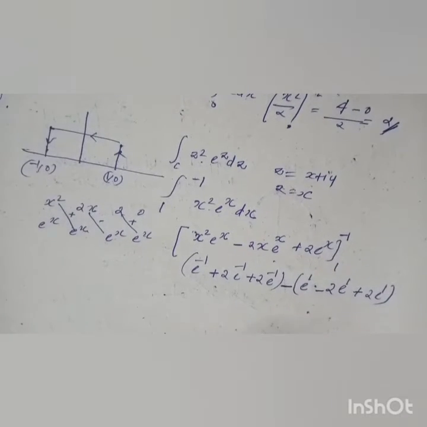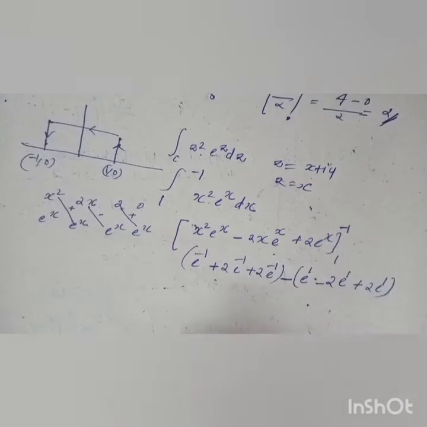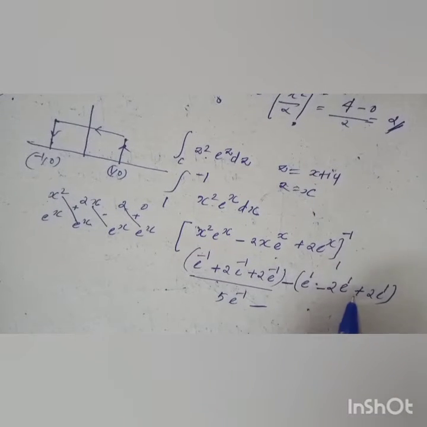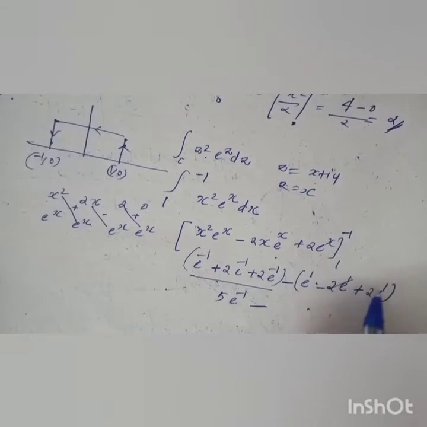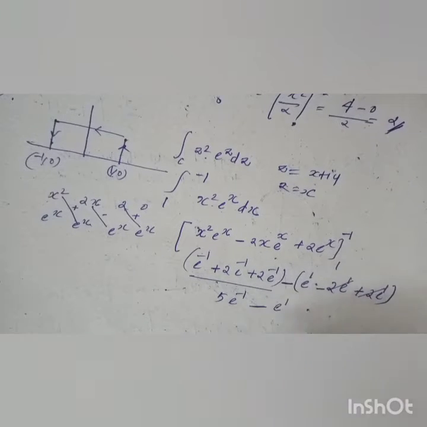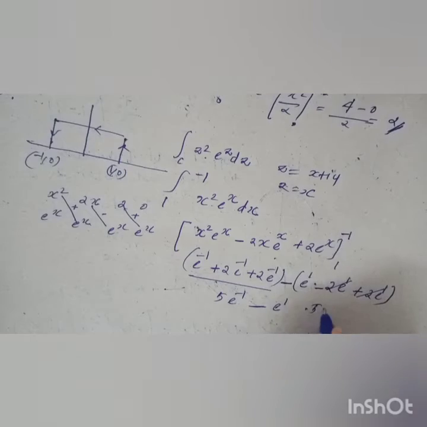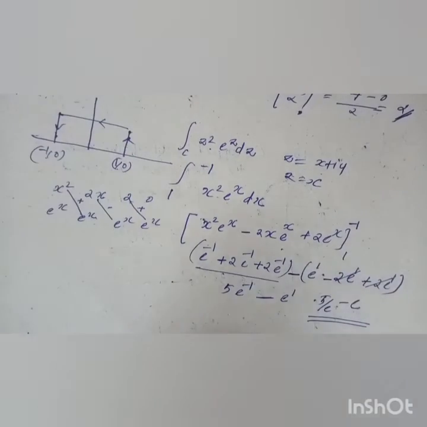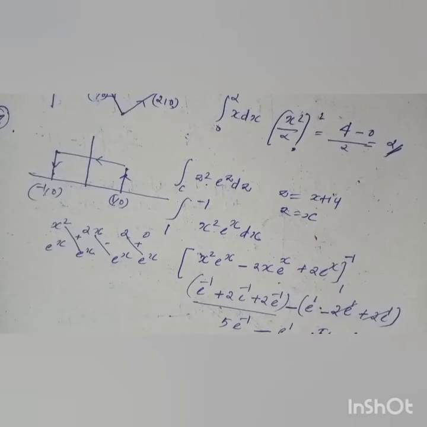So you got like this, 5 e raised to minus 1 minus e raised to 1. So we got 5 by e minus e. So this is from the figure like this.